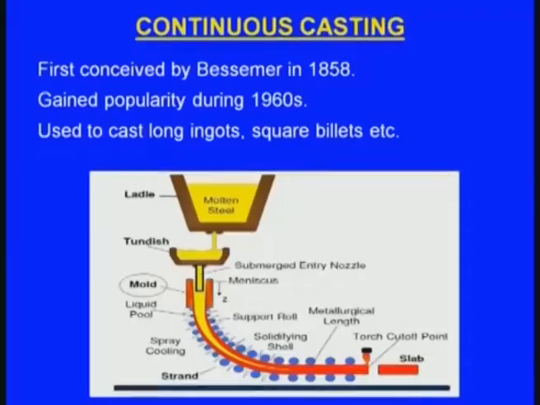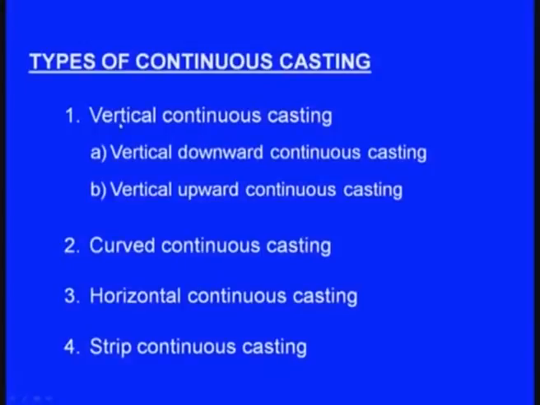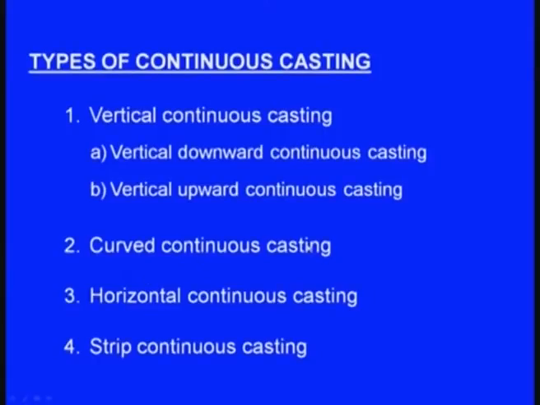Before going further, let us see the classification types of the continuous casting process. Broadly, they can be classified into 4 types. One is the vertical continuous casting, second is curved continuous casting, third is horizontal continuous casting, and the fourth is strip continuous casting.